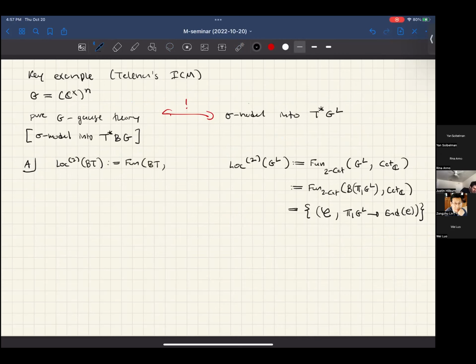Oh, sorry, I should have changed my torus to G. This is bad, but it's actually not that bad, because although this thing is not a classifying space anymore, it's a classifying space of something simple.